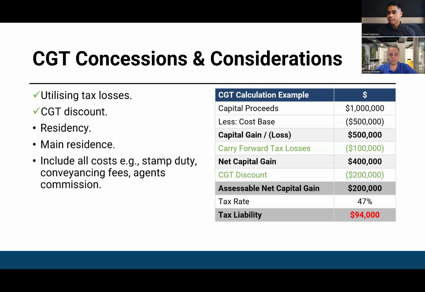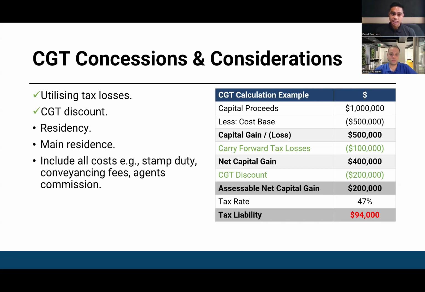100%. And even in this particular tax year, perhaps you're taking a break in the next financial year, then perhaps that's your best time to actually sell one of your investments and then utilize those lower tax thresholds, for example. But revisiting the previous example, perhaps you had that conversation with your tax advisor and then they found out you did have some carry forward tax losses, in this example, 100K, and that you did hold the asset for greater than 12 months.